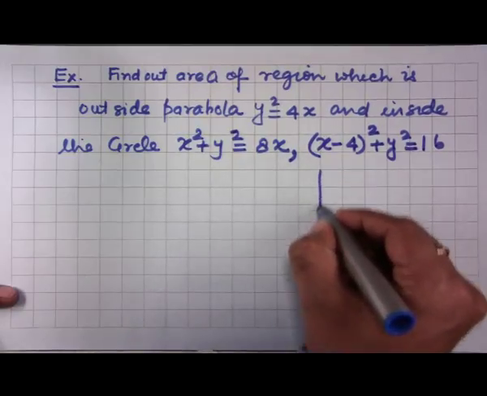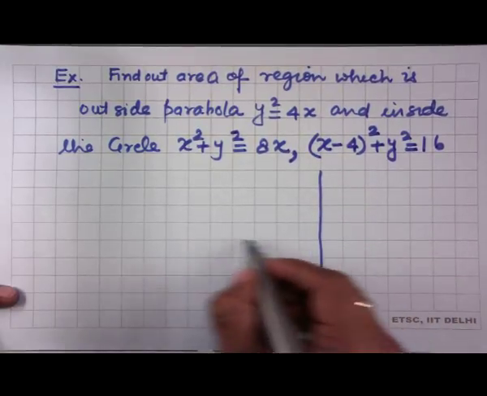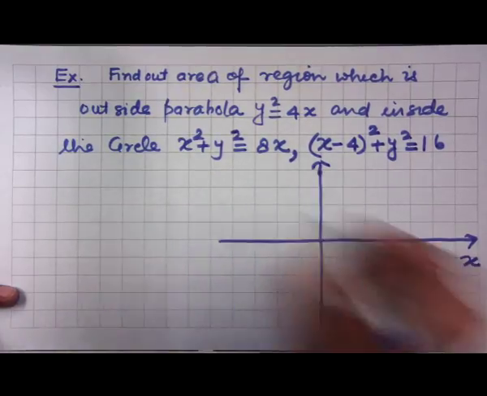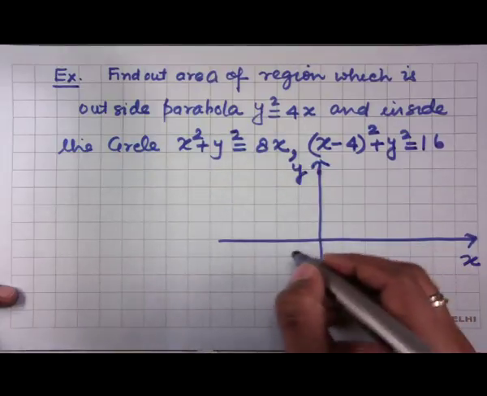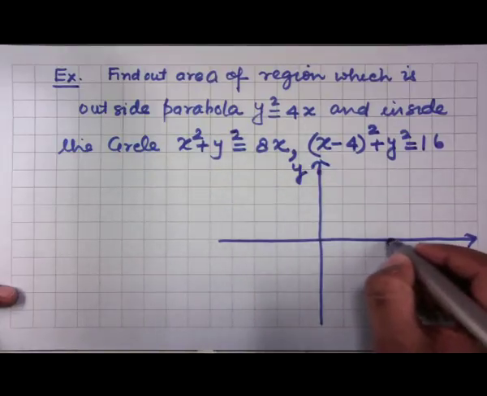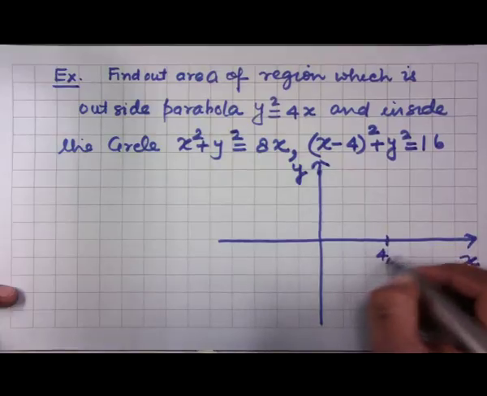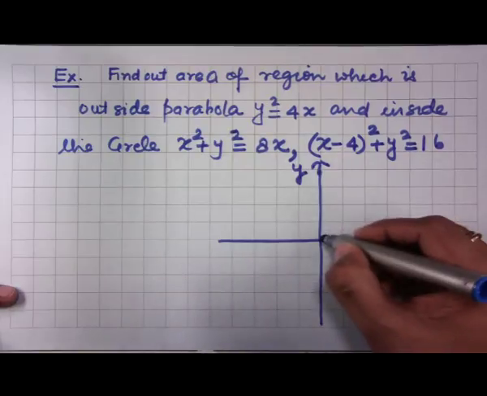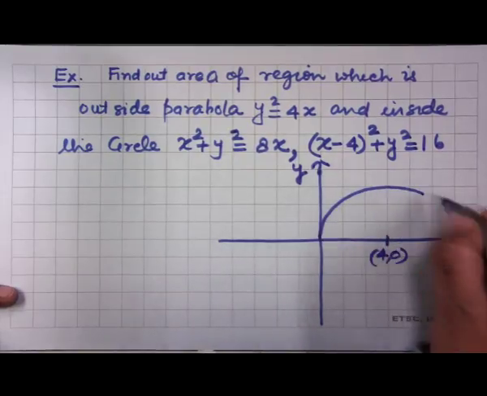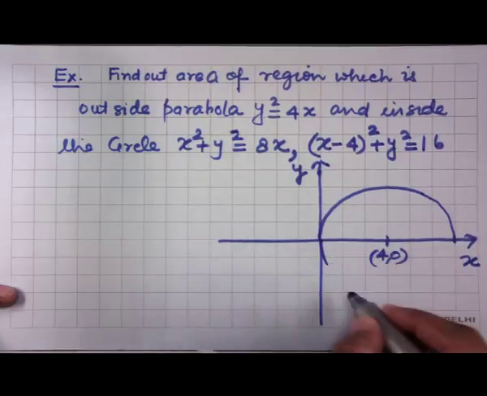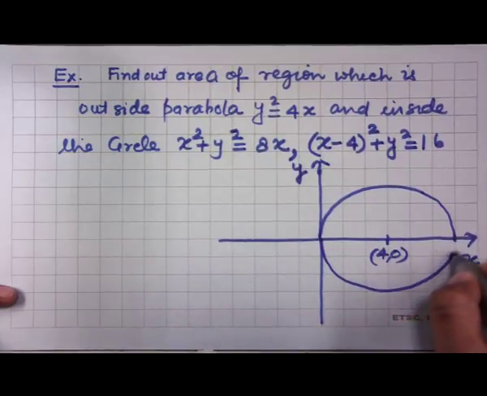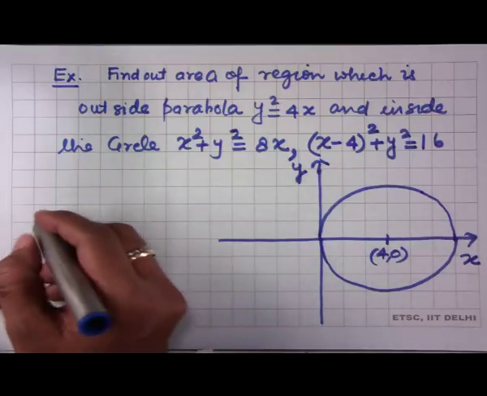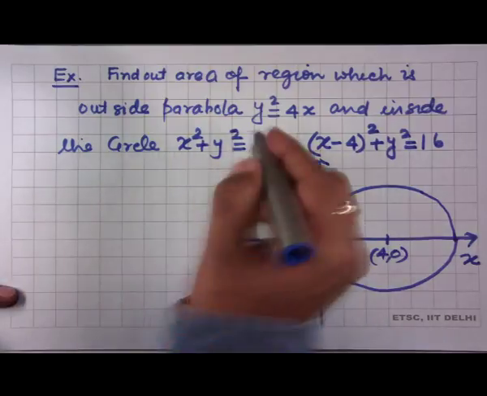So, draw x and y axis. Remember one thing, that in solving all these problems you should be very good in plotting. So, this is a circle with center 4 comma 0 and radius 4. So, you get the circle and this parabola will intersect the circle.